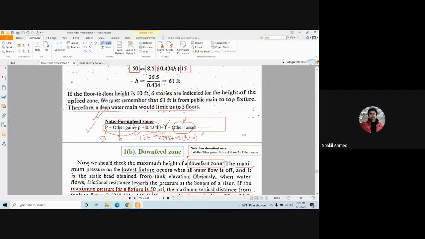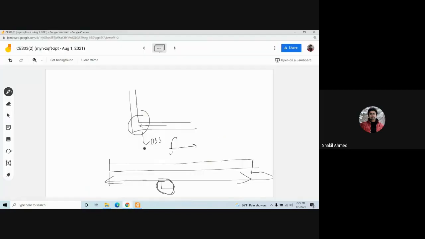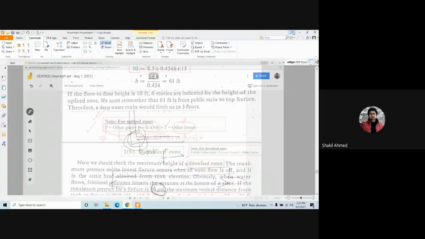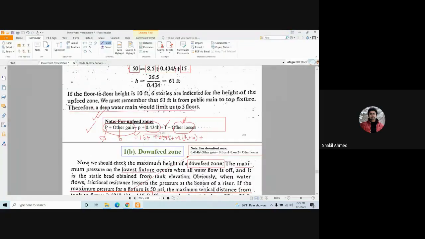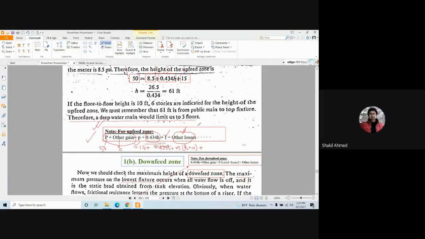If you have other losses, you'll have to put them here. Loss due to bending, as I told you, there will be bends and others, so there will also be losses. If small m is given, then can you not calculate h from here?